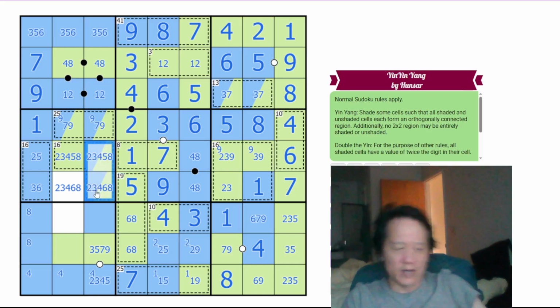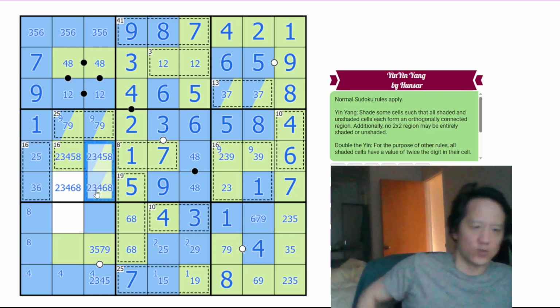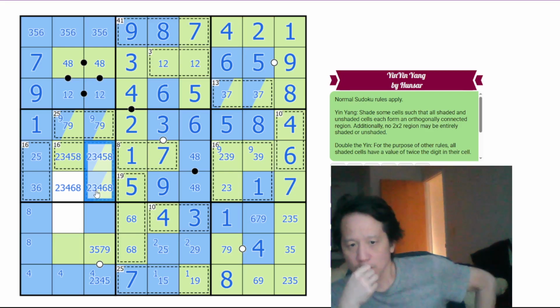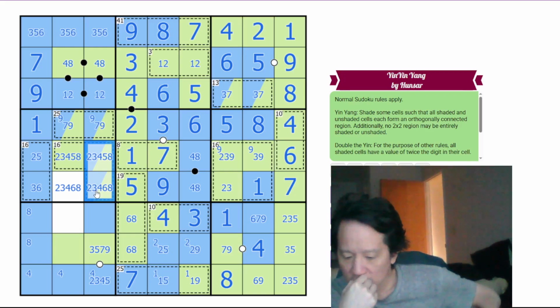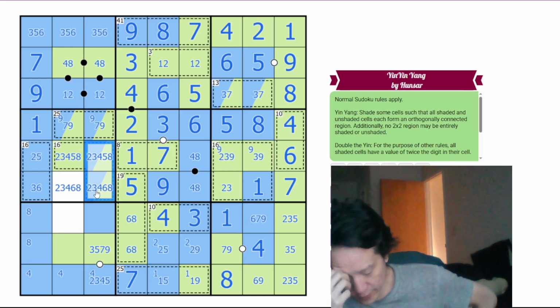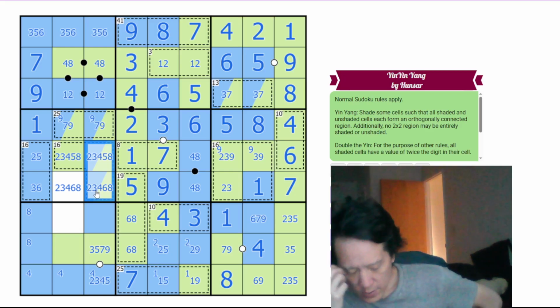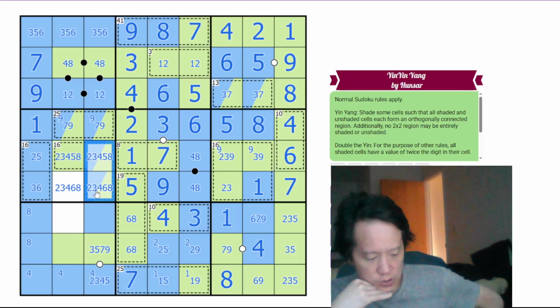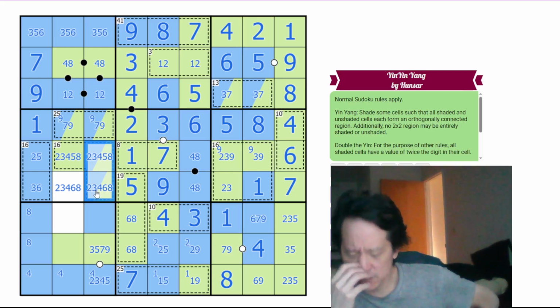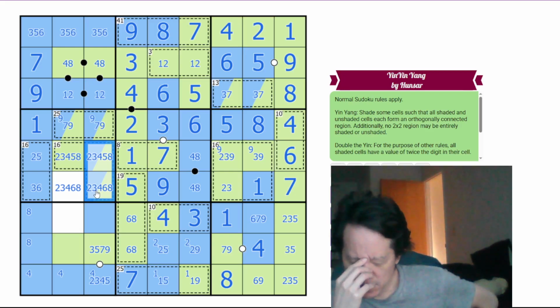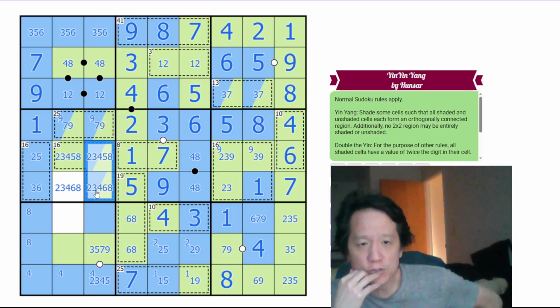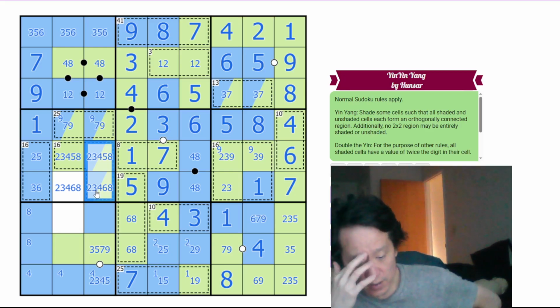The double has to be 2, 3, or 4. Can it be 3 ever? 3 doubled would be 6. To add up to 16, you need a 10.